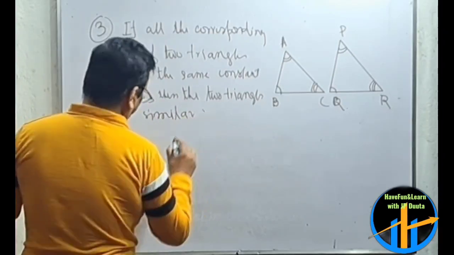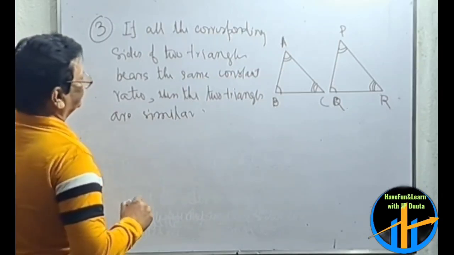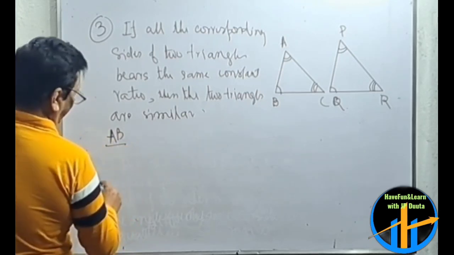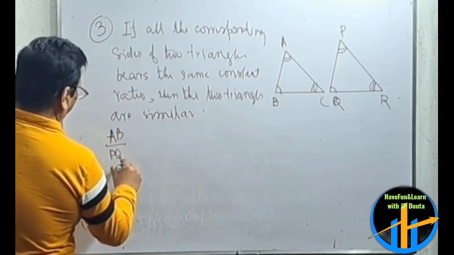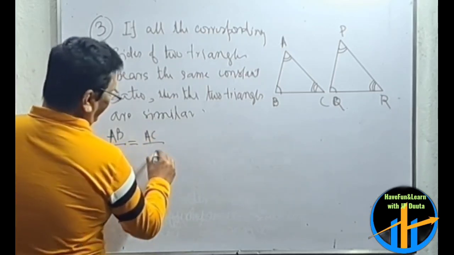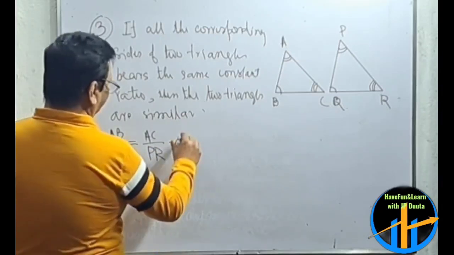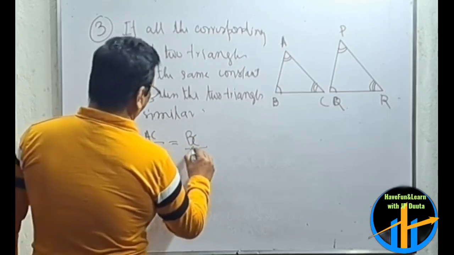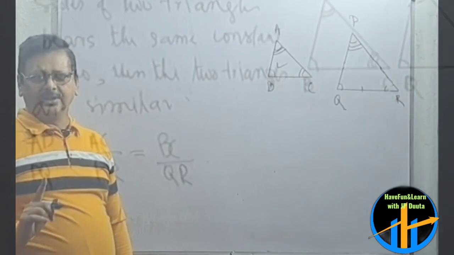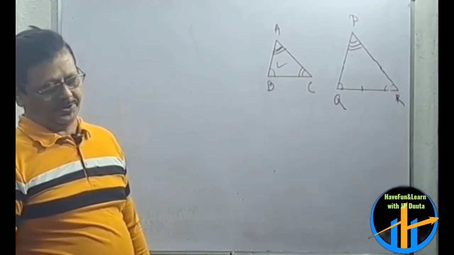If you look at the figure, if we are to prove it by the SSS rule, then AB by PQ must be equal to AC by PR and must be equal to BC by QR. Right? These are the basic proportionality theorem and similarity of triangles and its properties.